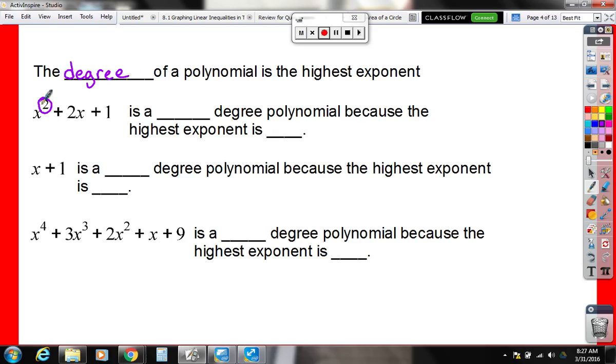There's no exponent here, but if there was, what would it be? It's kind of there, but it's not there. It would be 1. Good. So it is a second degree polynomial just because the highest exponent is 2. X plus 1 then is a first degree polynomial because the highest exponent is 1.